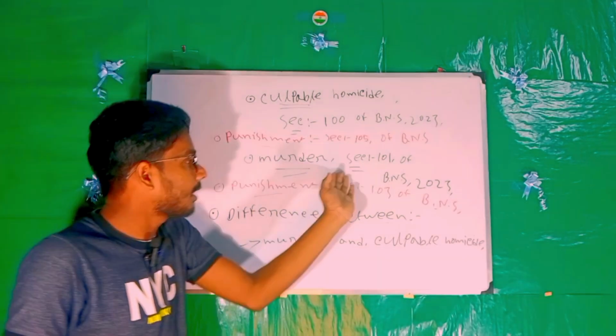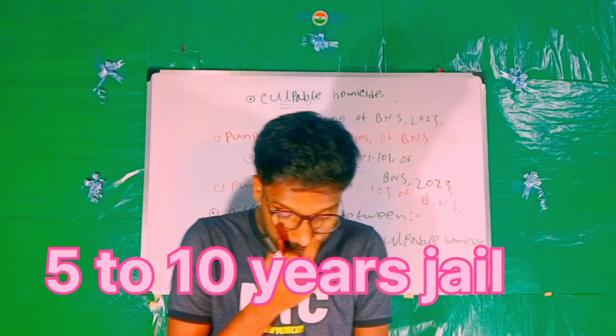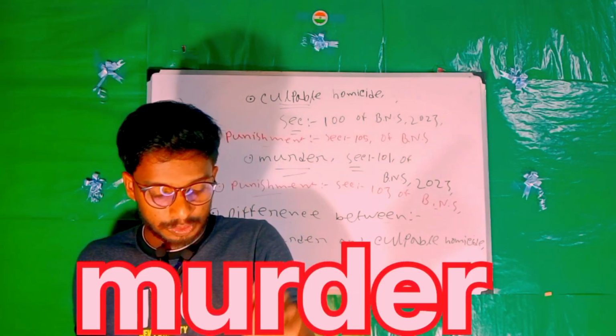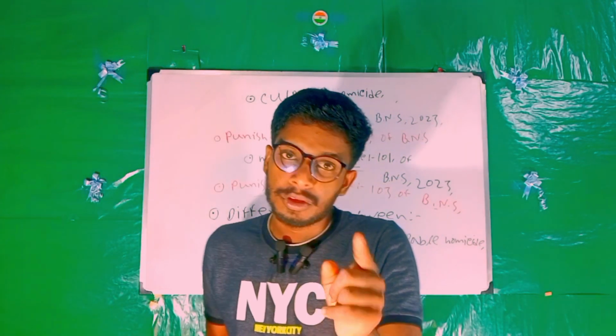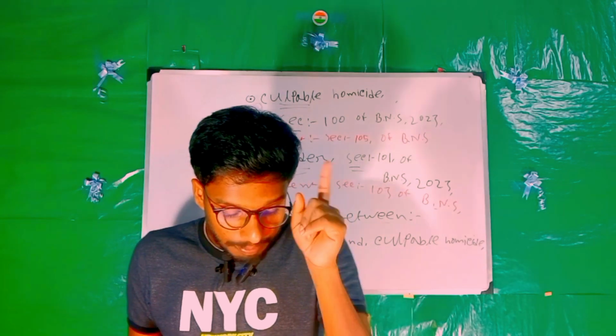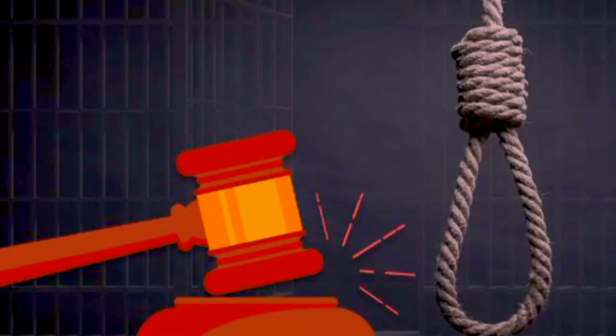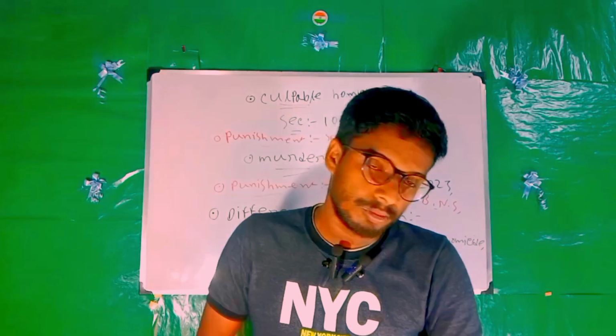And if you see murder, the punishment of murder says that whoever commits murder shall be punished with imprisonment for life or death, and shall also be liable to fine.